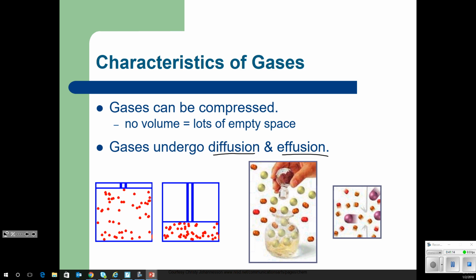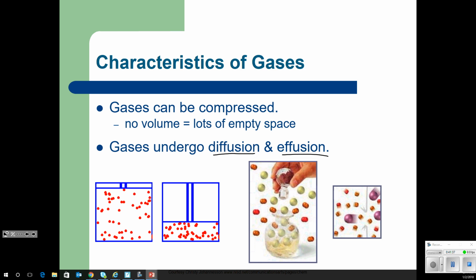Diffusion is if I sprayed a thing of Lysol over here, it would diffuse through the room. Eventually, everybody will be able to smell it. Effusion is when I have, for instance, gas in a pipe and there's a hole, and that gas comes through that little teeny hole, it effuses through that hole. Then it will diffuse through the room.